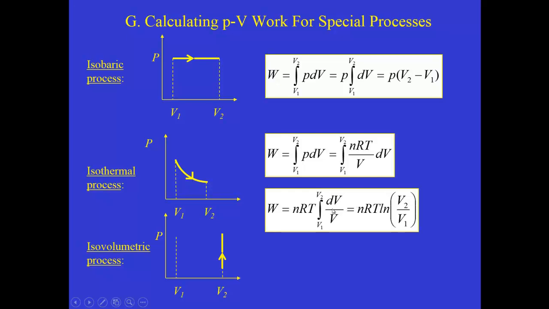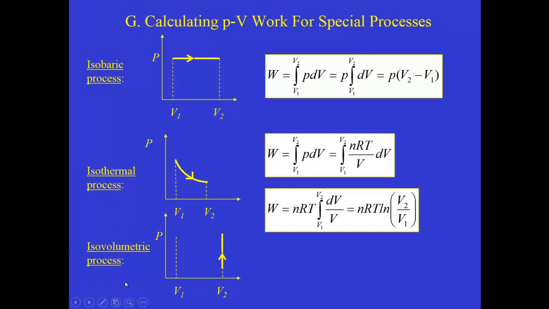So the natural log of the volume evaluated between the initial and final volume would be log of V2 minus log of V1, and that can also be written more conveniently as the log of the quotient V2 over V1. So that's an important formula for us to be able to use when we have an isothermal process and we want to know the work done.